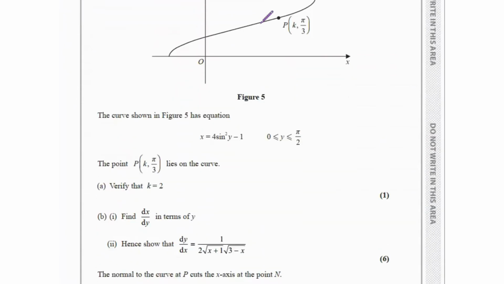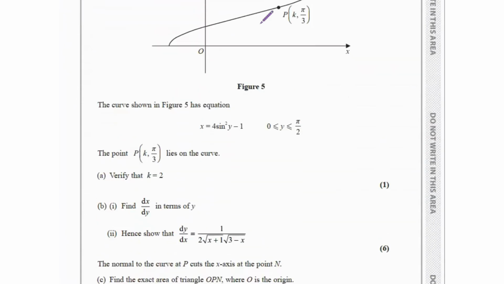So, normal to the curve at P. Let's say this is N, and this is triangle OPN.